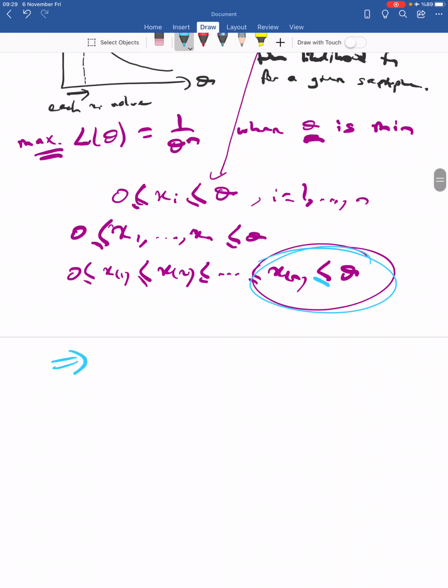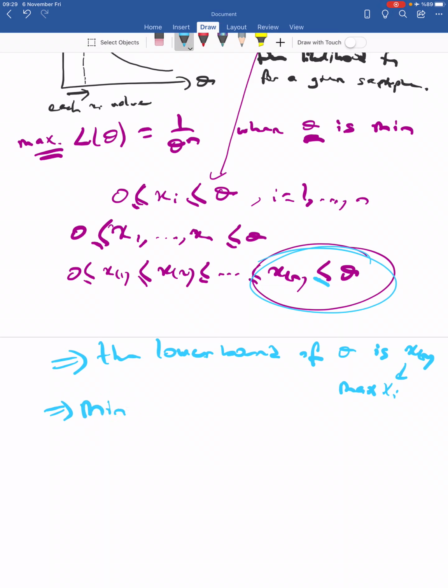So the lower bound of theta is xn, the maximum of the xi values. This means that the minimum theta equals xn. We know that the minimum theta maximizes the likelihood function, so we found it.